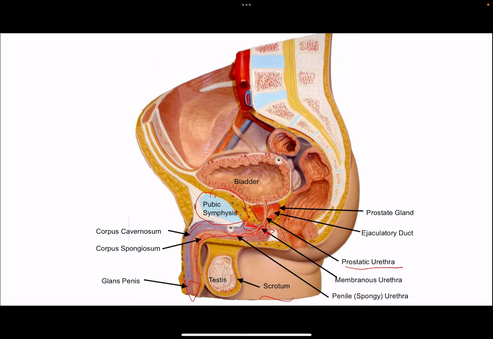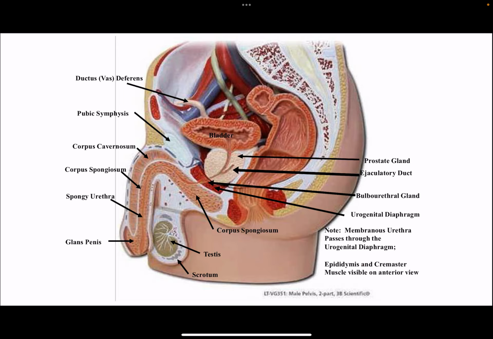Then the rest of it closer to the spongiosum is called the spongy urethra. You can see this gland over here in that membranous urogenital diaphragm, this area.